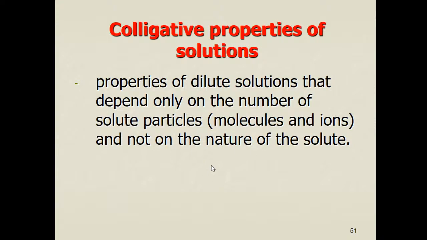But colligative properties of a solution do not depend on the nature of solute particles. They are properties of dilute solutions that depend only on the number of solute particles. They can be molecules, ions, or both. The number of them, that means concentration, is important, and not the nature of the solute. The nature of the solvent is also important, but mainly we're dealing with aqueous solutions when we analyze colligative properties.